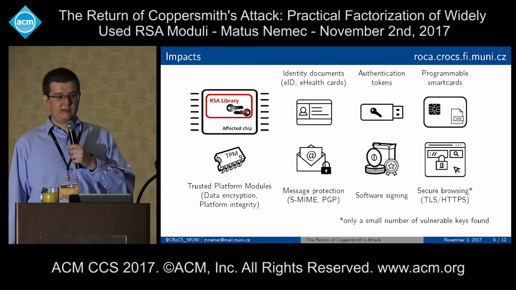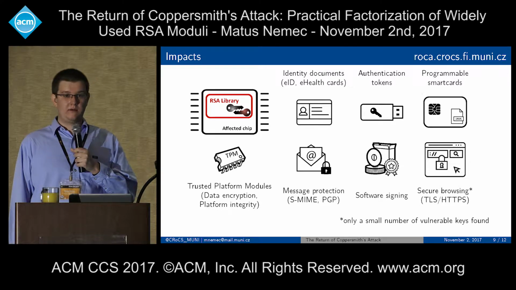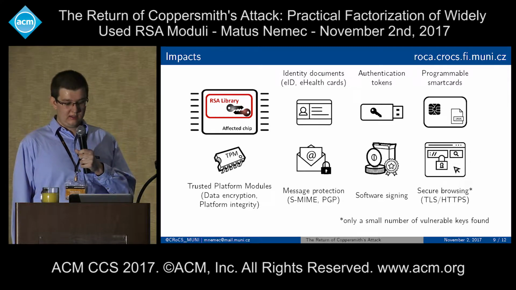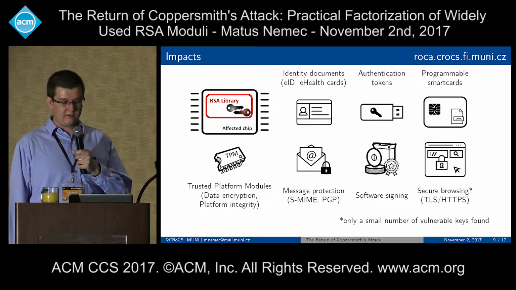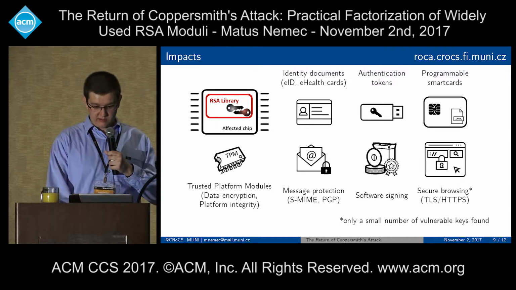The access to the datasets from electronic ID documents was difficult to come by. However, other domains are quite easy to survey, such as PGP mail encryption. We downloaded the keys from PGP key servers and were able to find hundreds of factorable keys.